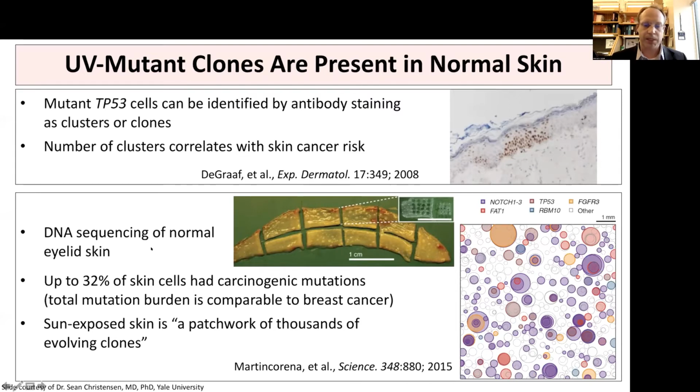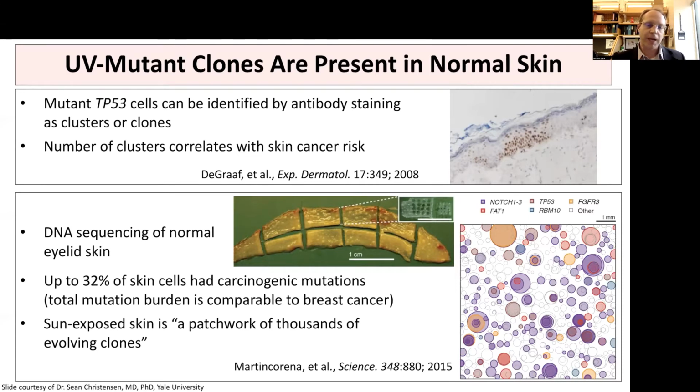In the bottom study from Science in 2015, these authors did DNA sequencing of normal eyelid skin, and they found that up to 32% of the skin cells had carcinogenic mutations. The burden of these mutations was comparable to breast cancer.